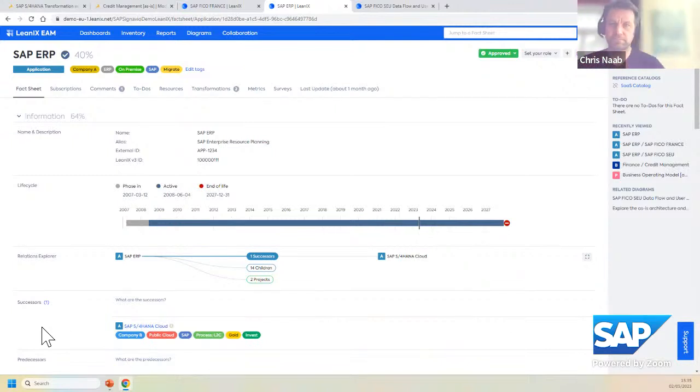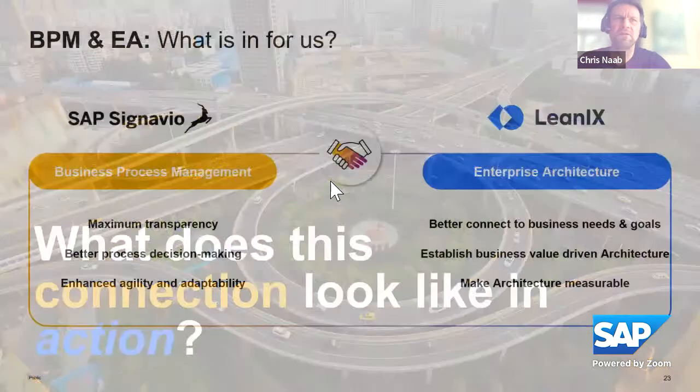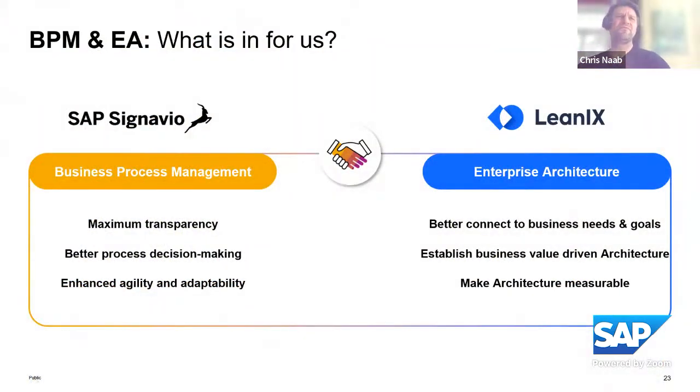So if I go back to the slides, what is really in it for our business process management work stream? We will undoubtedly have a maximum of transparency, transparency beyond business processes, a transparency deep into IT. What are the underlying applications, and what are the plans to change those applications?